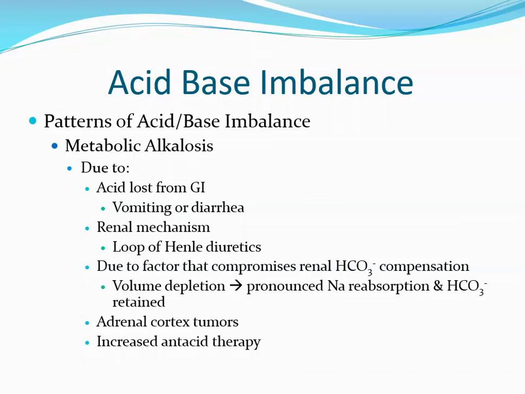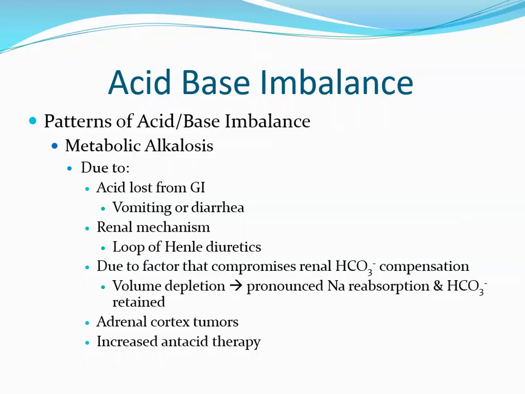What it does is it will block sodium reabsorption in the loop of Henle. If you don't reabsorb sodium, you won't reabsorb the water. But then when the fluids come around to the distal convoluted tubule, these diuretics cause the sodium to be reabsorbed at a very high rate, and this will result in hydrogen ion losses.